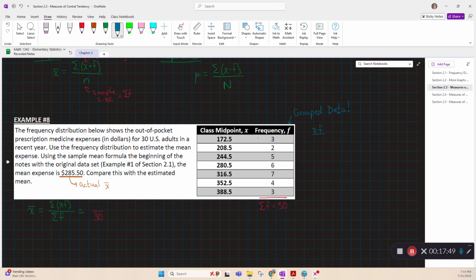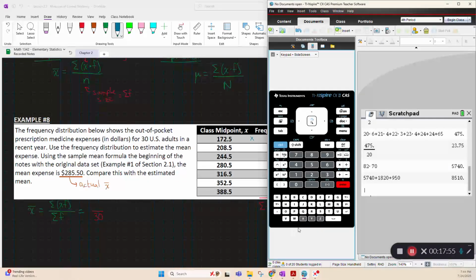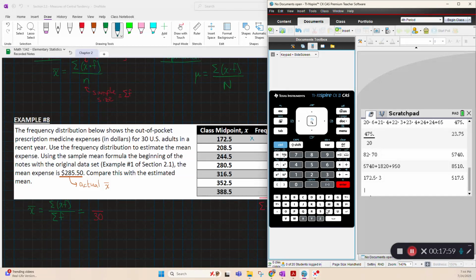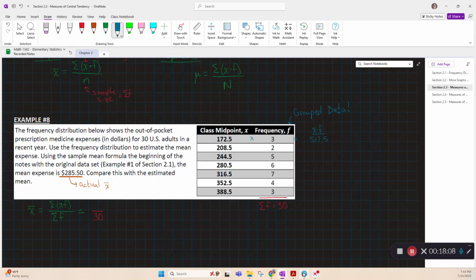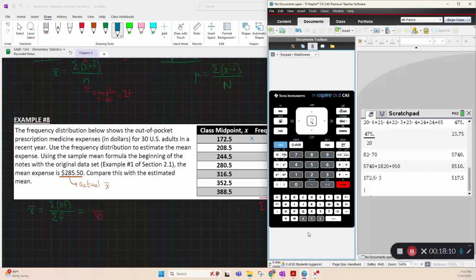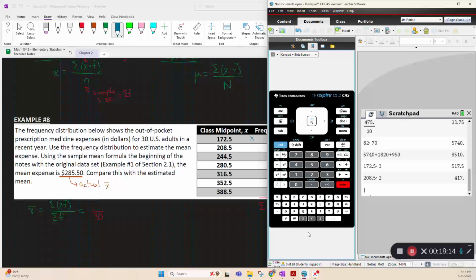So 172.5 times 3 equals, and then I'll put that number here. 172.5 times 3 is 517.5. 208.5 times 2 is 417.